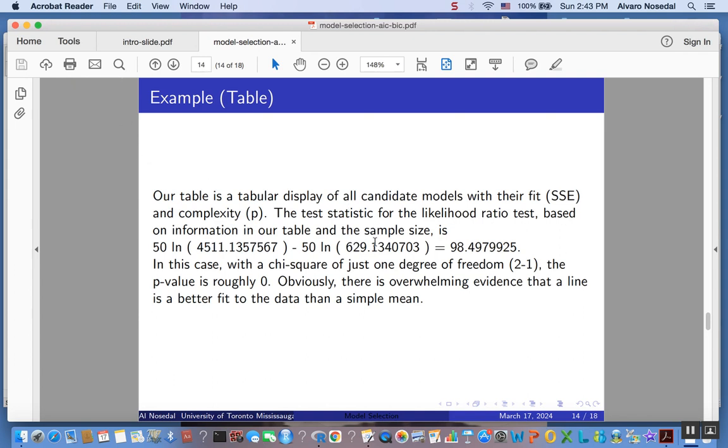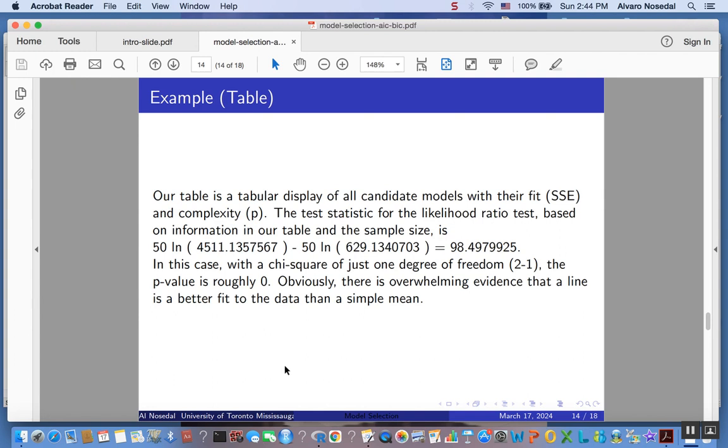Because based on what we saw here, the full model fits your data better, but it has more parameters in it than the simple model. So what we're going to try and do is use a criterion that includes in the selection process not only how well your model fits the data, how close your predictions are to the actual observations, but also how complicated your model is, the number of parameters.